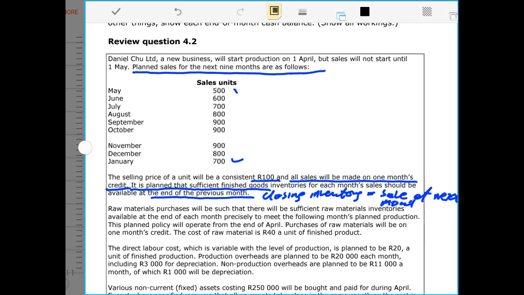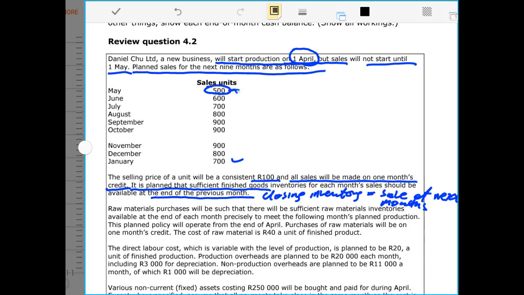That's what this means. So now it means the closing inventory at the end of April, if you look at the first sentence where they said production will start in April, but sales will start on the 1st of May. So now in other words, the units that were produced in the month of April will become the closing inventory of April, which will be the sales of the month of May. That is why we see 500 as the sales in the month of May.